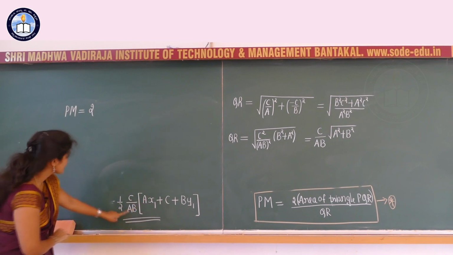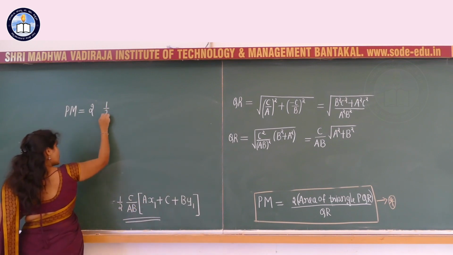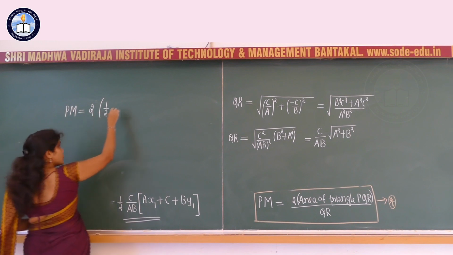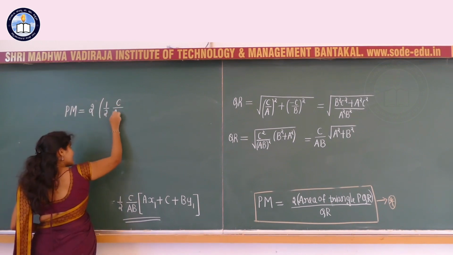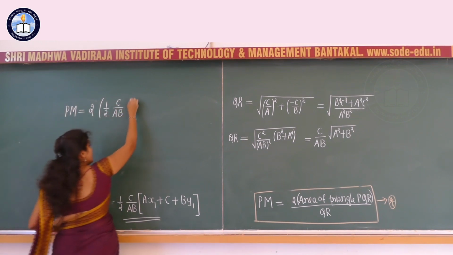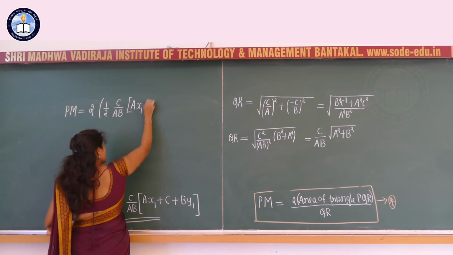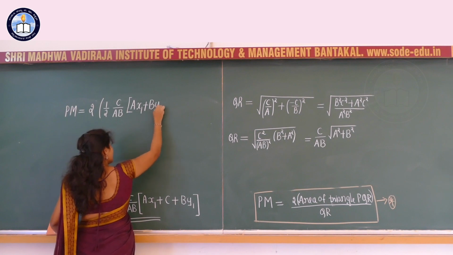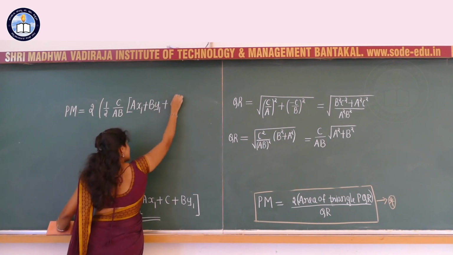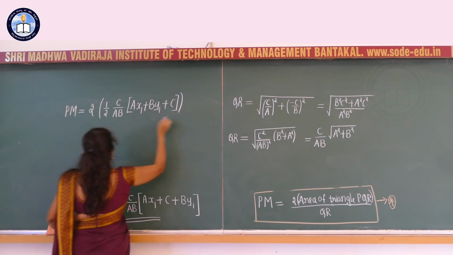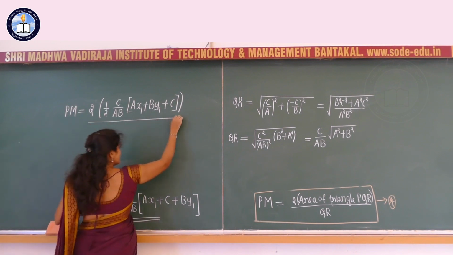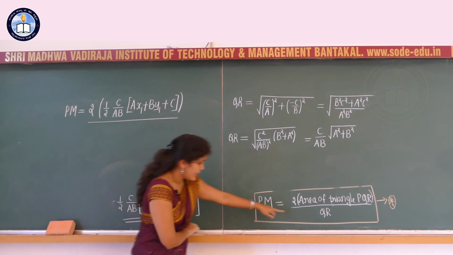Area of the triangle is nothing but 1 by 2 into C divided by AB into, within the bracket, A into x1 plus B into y1 plus the constant C, close the bracket, divided by the distance between Q and R.